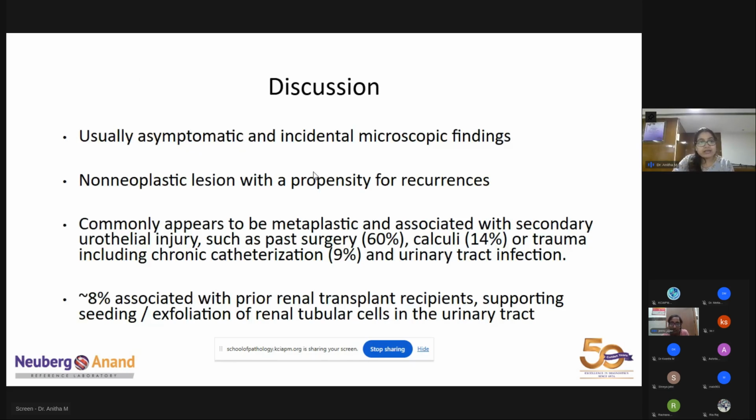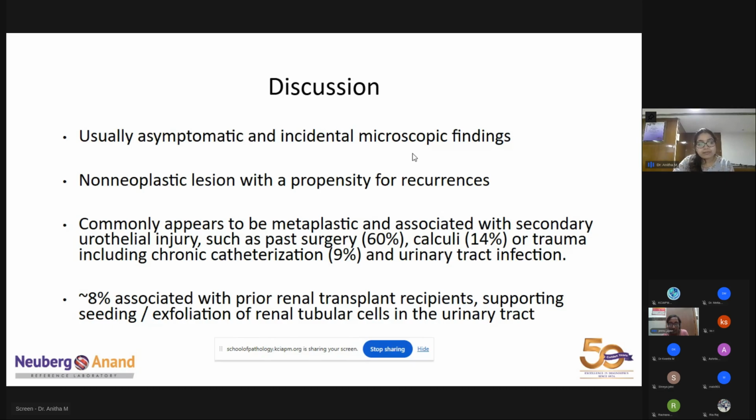And you're right. So this is a non-neoplastic lesion which has a propensity for recurrence. It is an asymptomatic and incidental finding, and they usually occur as a metaplastic process associated with any secondary urothelial injuries: post-surgery, calculi, trauma, catheterization, or urinary tract infections.